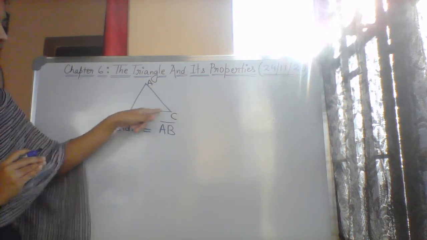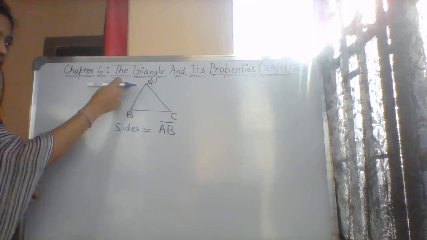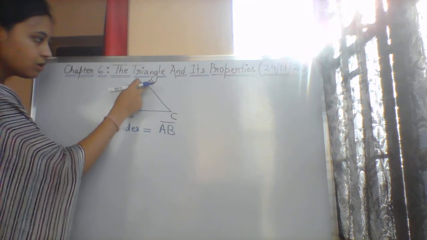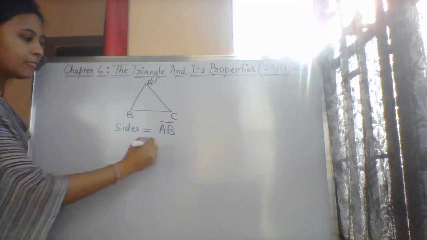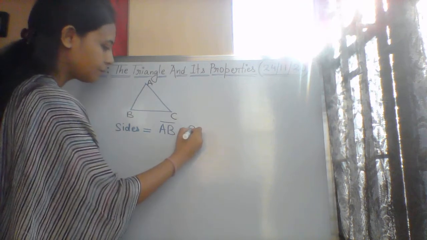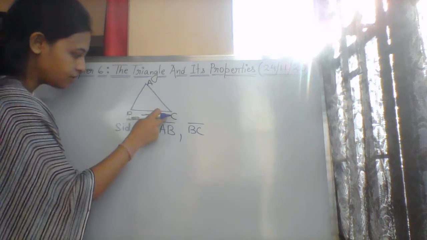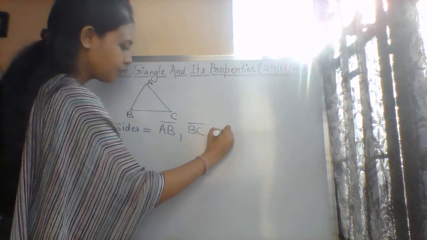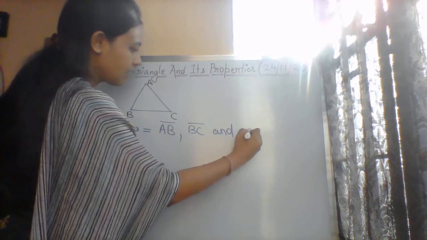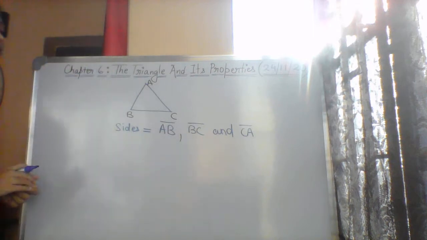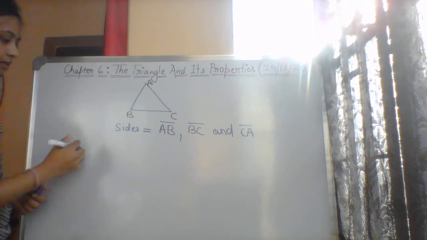In this triangle, it is also the side of that triangle. So what is the other side? AB, BC and CA. So these are the sides of the triangle.